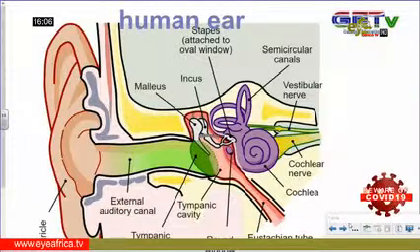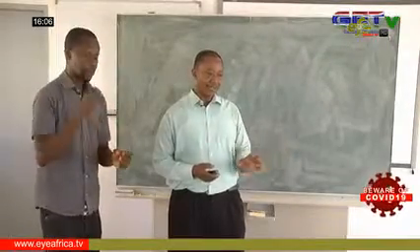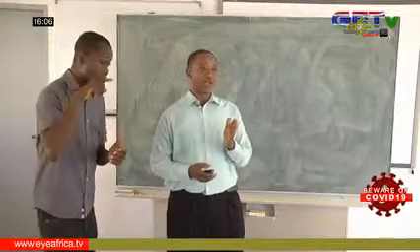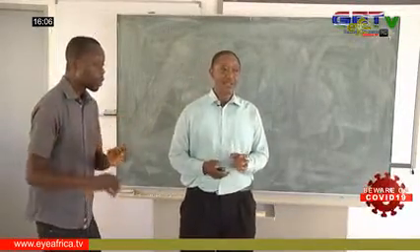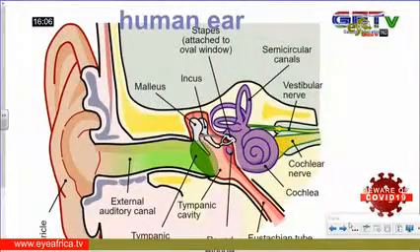It is the eardrum. So from the outer ear to the eardrum, that forms the outer ear. Now, from the eardrum to where the oval window stops, that is the middle ear. And from that up to the nerves, that is the inner ear.